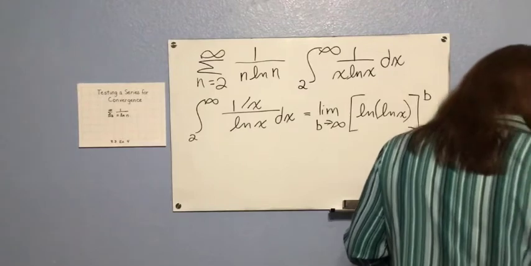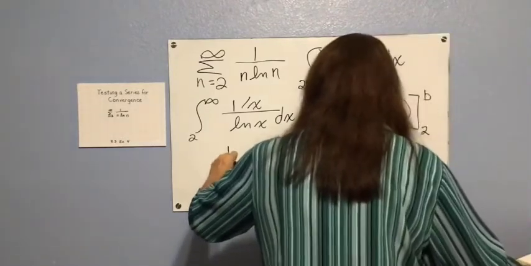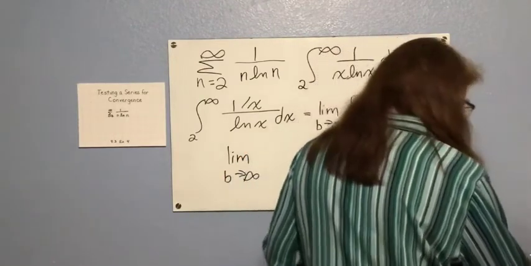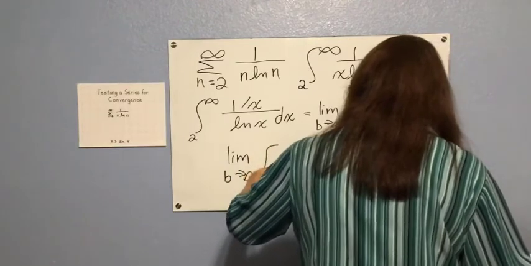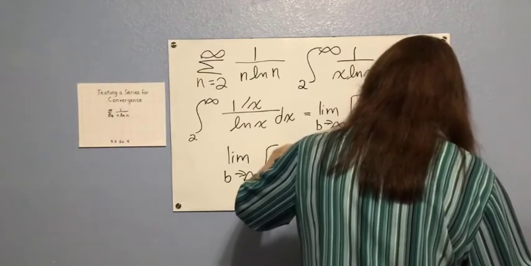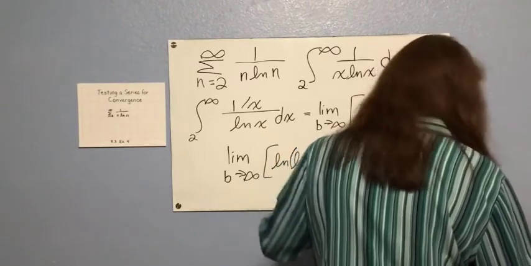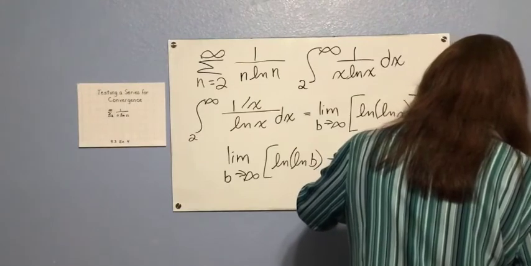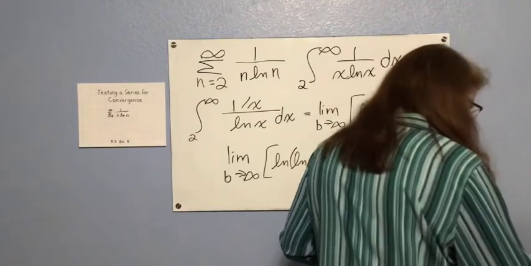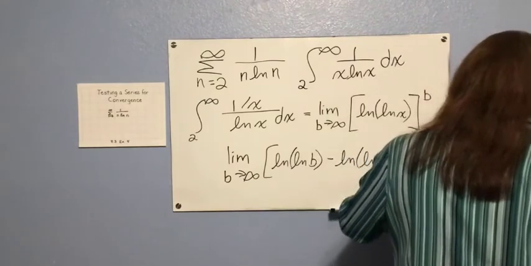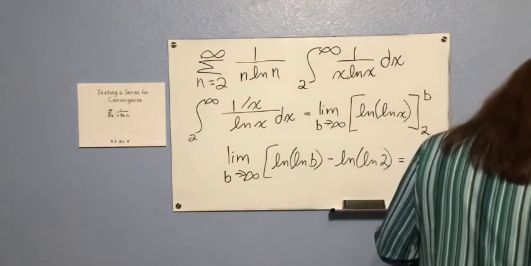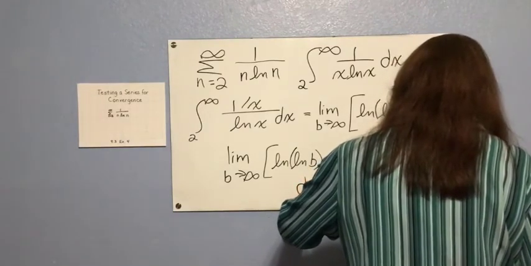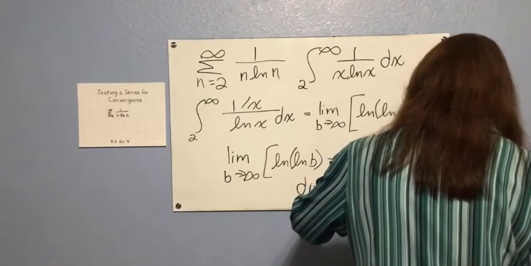Then I have the limit as b goes to infinity of the natural log of b minus the natural log of 2. And this is infinite. So because this integral diverges, the series also diverges.